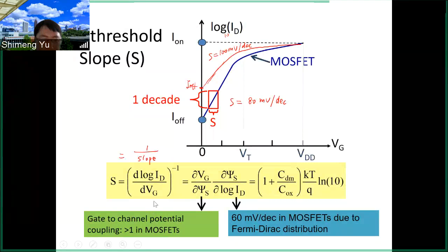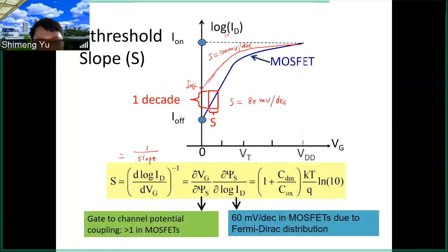So here, let's look at what determines the S factor. S factor by definition is this 1 over slope, and you can rearrange the terms using the chain rule in calculus. So basically you can split this into 2 terms: partial Vg over partial phi s, and then partial phi s over partial log ID.